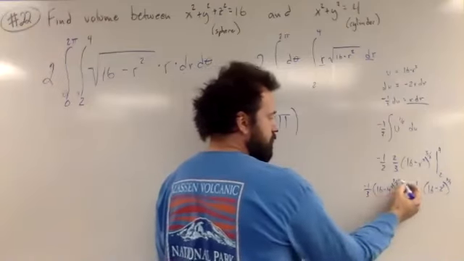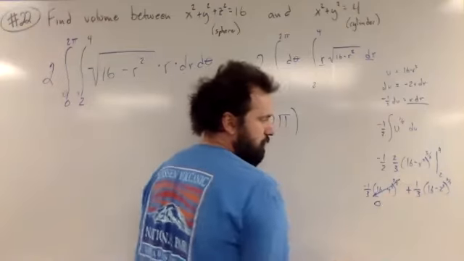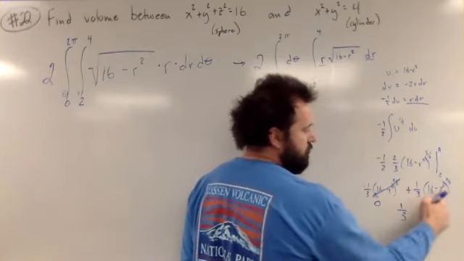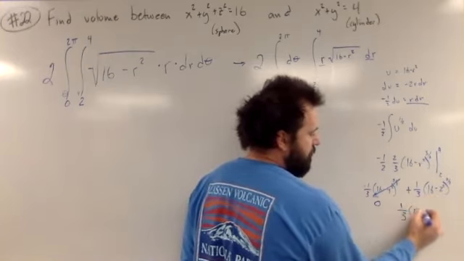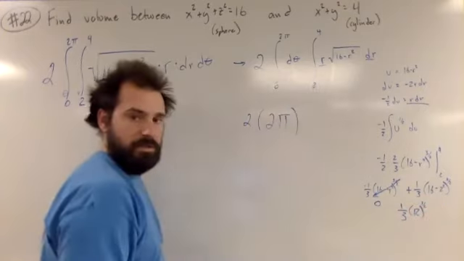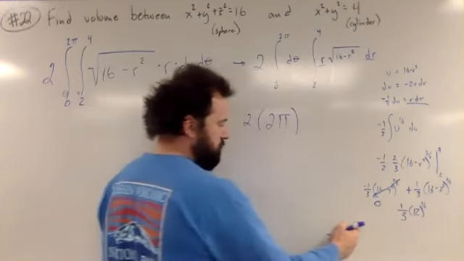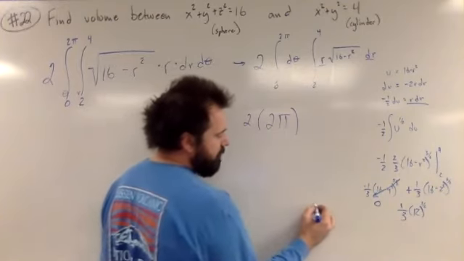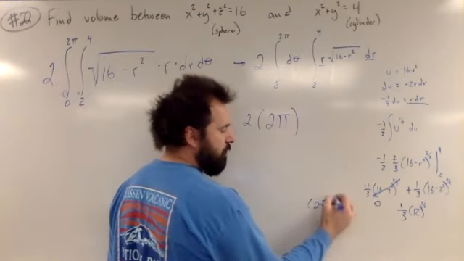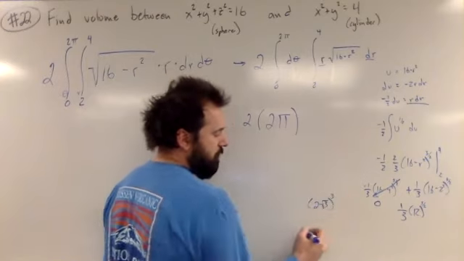This is 0. This is going to be 1/3 times 12 to the 3/2. Let me write that. Let's do a little work with that. 12 is going to be 2 times the square root of 3, so it's 2 times the square root of 3, to the 3rd.